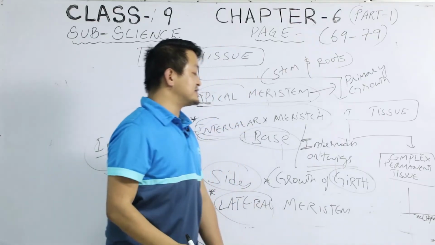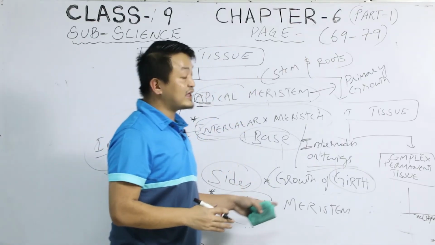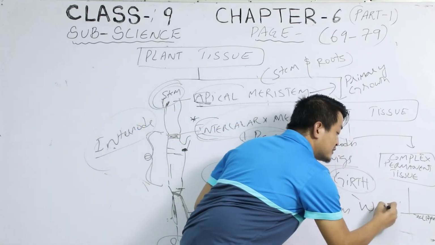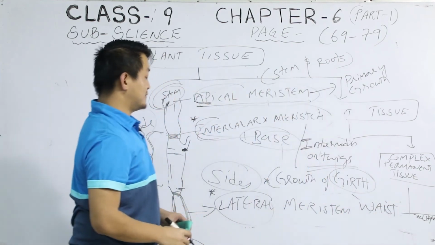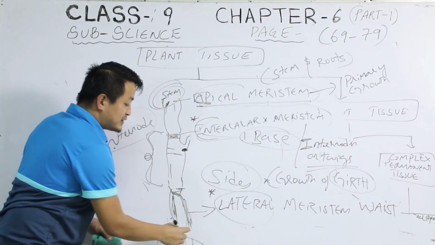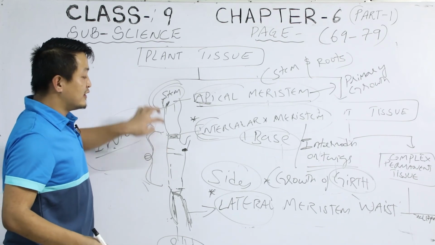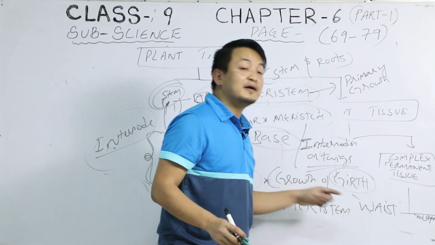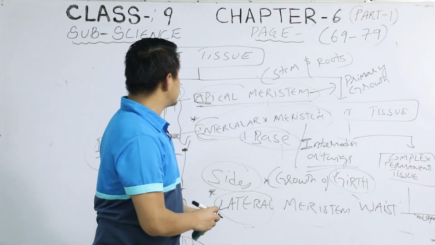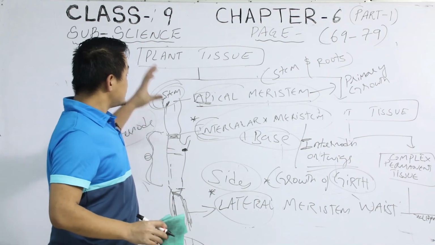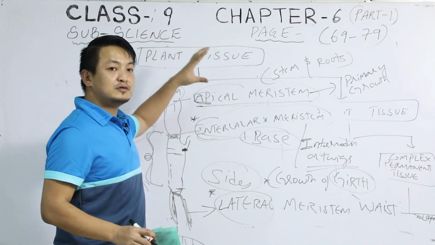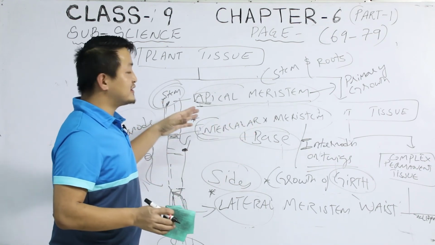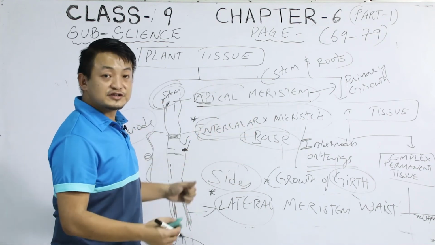Girth, if we take the example of a human being, would be the waist. Lateral meristem means all this side. This one is responsible for the growth of girth in plants. So students, today under plant tissue we have discussed the meristematic tissue. Meristematic means it is capable of division.